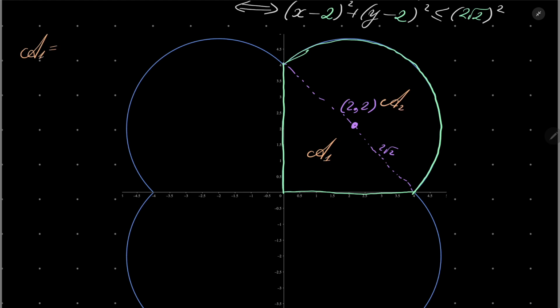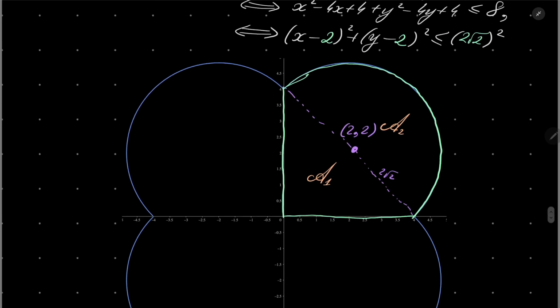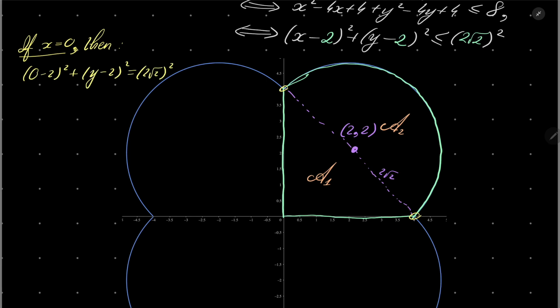Well, it's a triangle with what sides? Well, we need to find the x and y intercepts. So notice that if x equals 0, then (0 minus 2) squared plus (y minus 2) squared equals (2 square root of 2) squared.